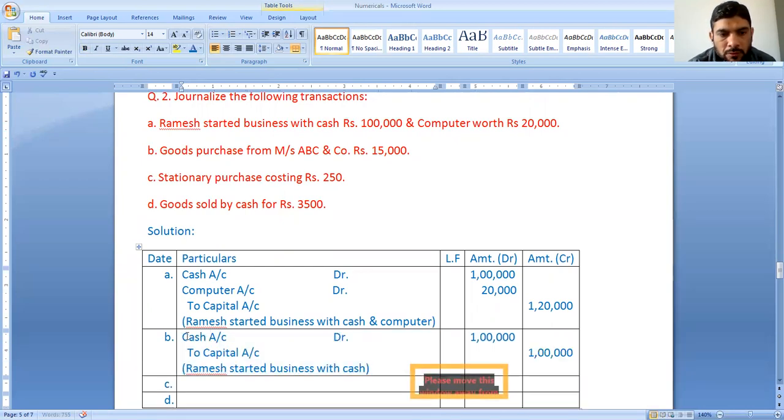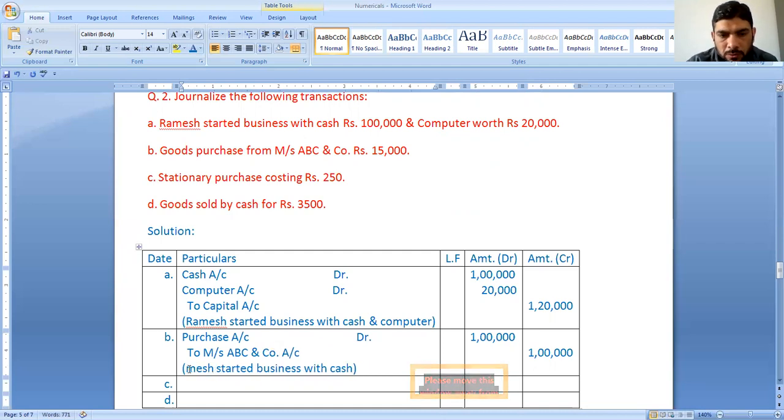So we are having over here purchase account debit to Messrs ABC and Company account.